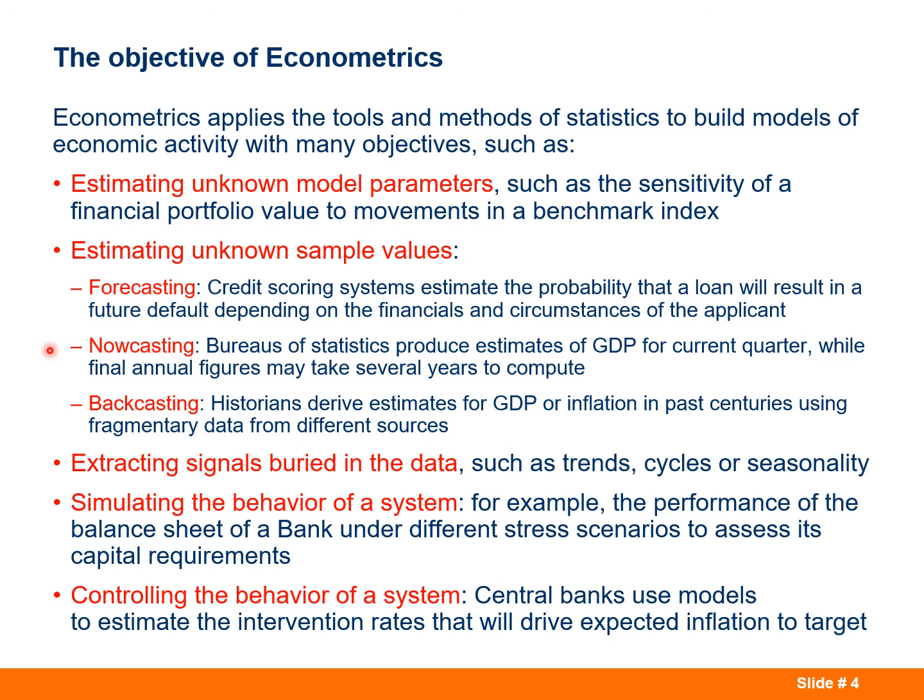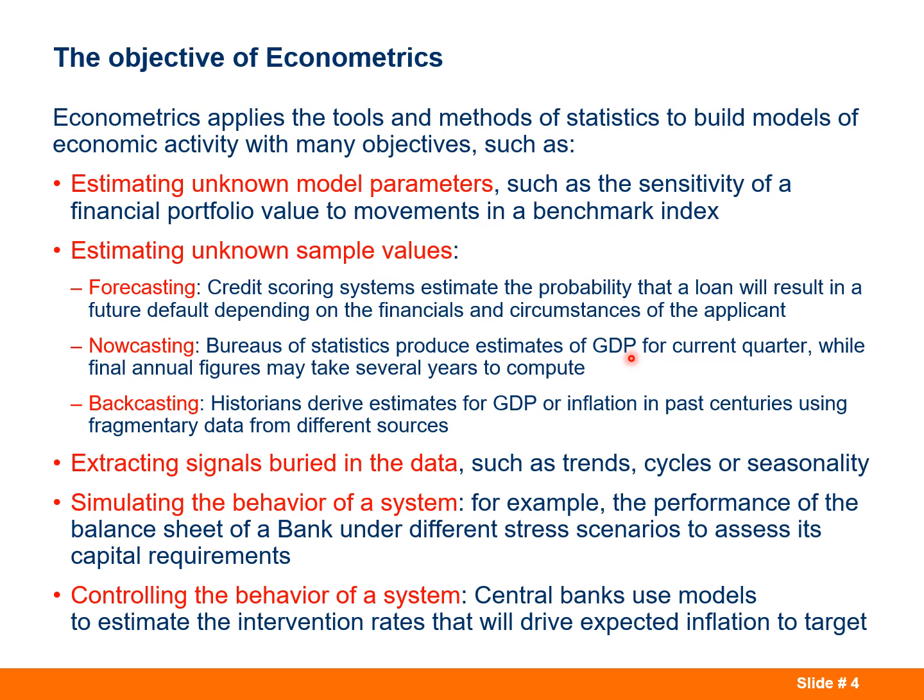For example, bureaus of statistics produce estimates of GDP for the current quarter. However, the annual figure, GDP in this year, will take several years to compute. How can we accommodate the fact that GDP in, let's say, 2020 will take several years to compute, but we are now producing figures for GDP in February?